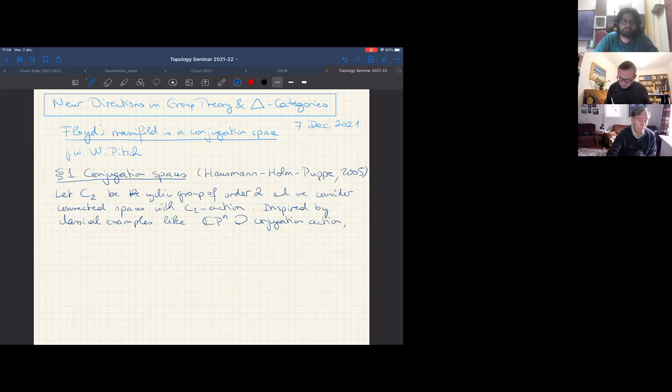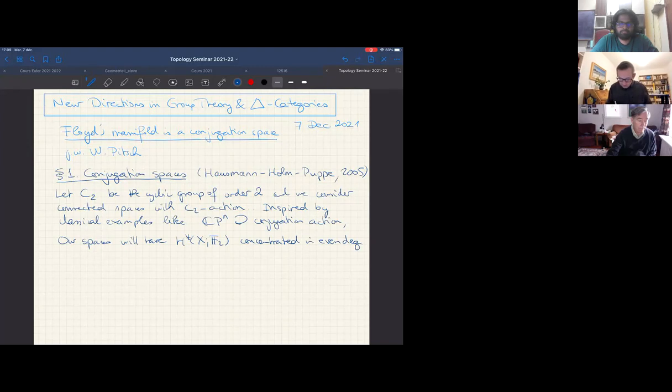So the spaces we will study will have mod 2 cohomology concentrated in even degrees, just like CPN.